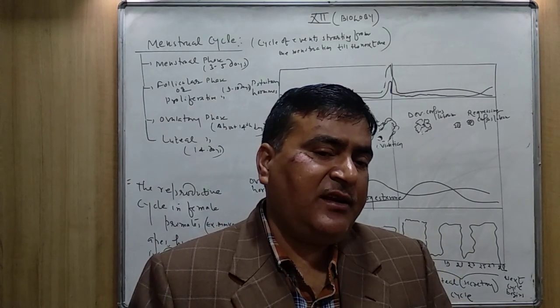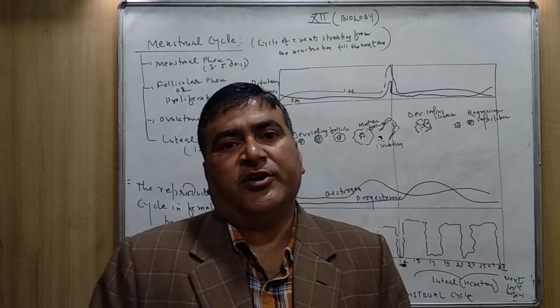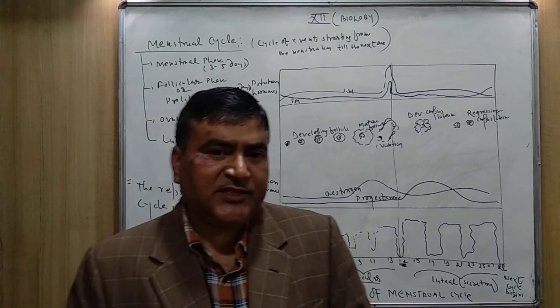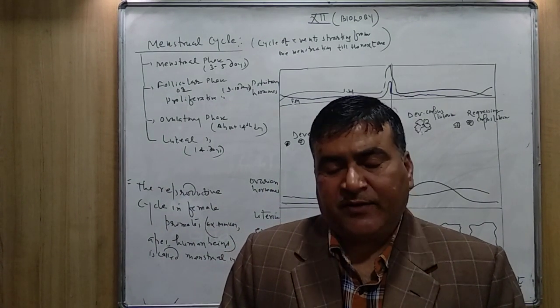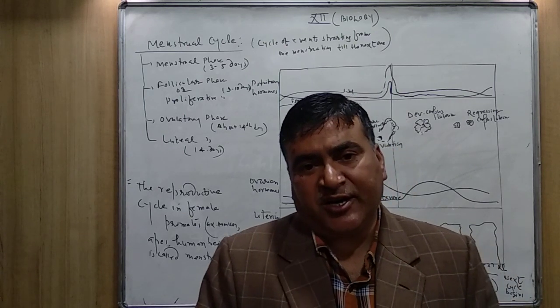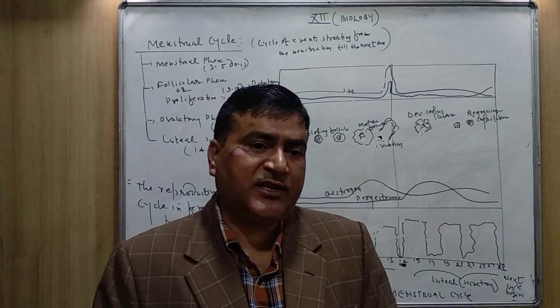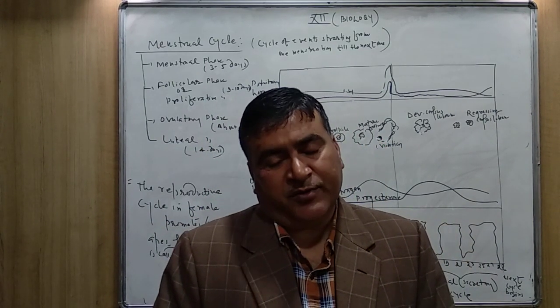The menstrual cycle lasts for how many days? 28 to 29 days. The onset of the menstrual cycle in human females at the age of puberty is called menarche, and the permanent cessation of the menstrual cycle at the age of 50 to 55 is called menopause.